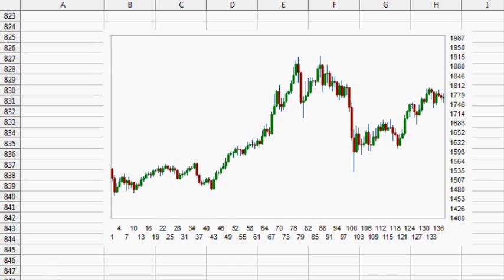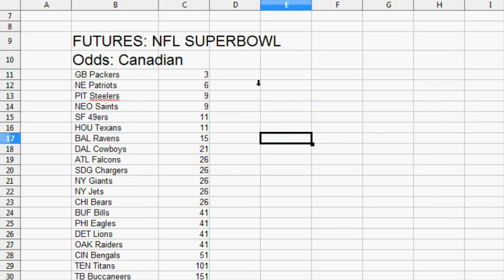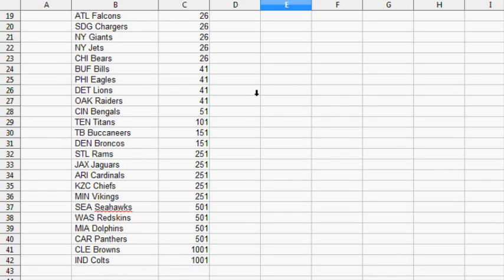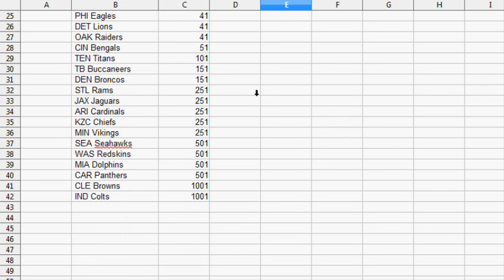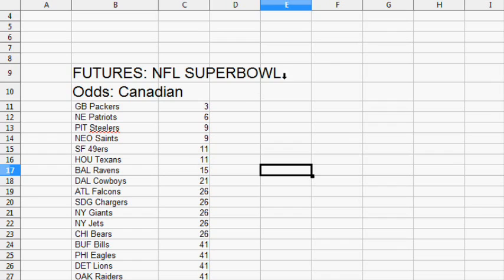Now, as far as how I see the futures contract, because I don't understand the gold and silver futures for the most part, that is. But what I do understand for futures is this in here. And this is gambling, but what's the difference between the futures of gold and silver? It's also gambling as well. Now, as far as any selections, Packers at 3-1, which is 2-1 in American odds.